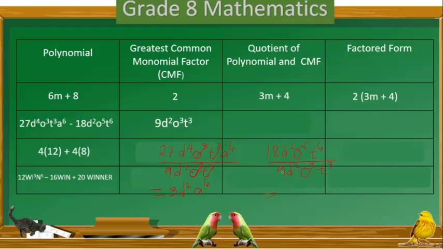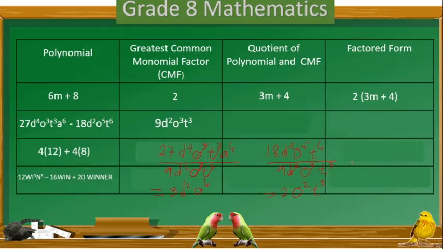Okay, 18 divided by 9, that is 2. This one the same, cancelled. o to the 5th then o cube, subtract 5 minus 3, that is o squared. This one t to the 6th and t cube, subtract 6 minus 3, that is t cube.